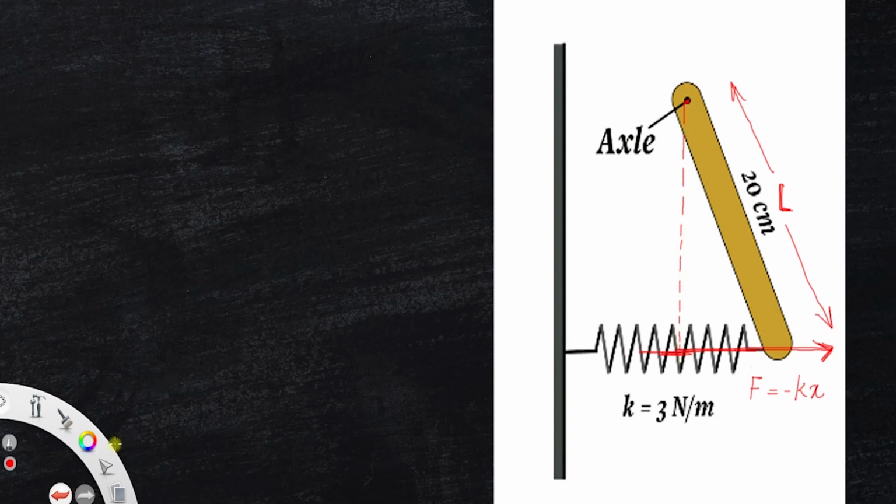We can name this point A, this point B, and let's take this point C. So first we need to find the torque acting. This one is 90 degrees.